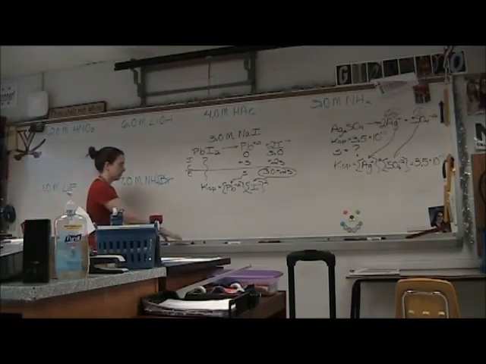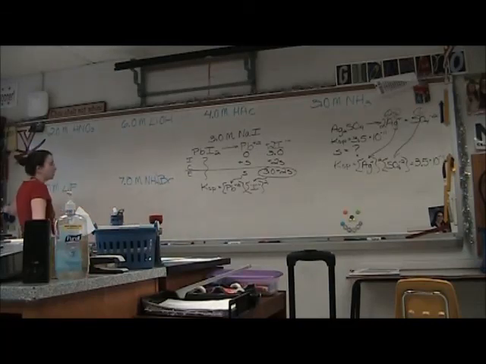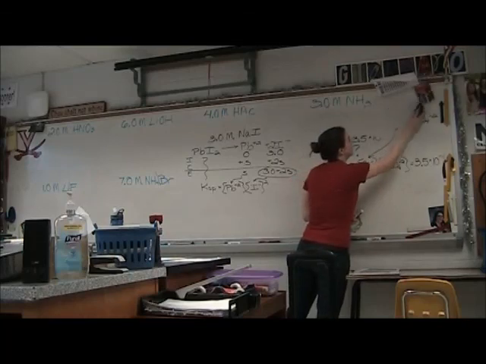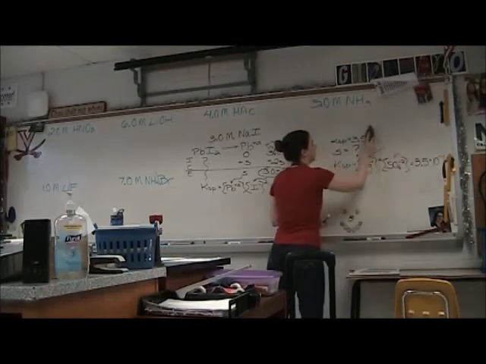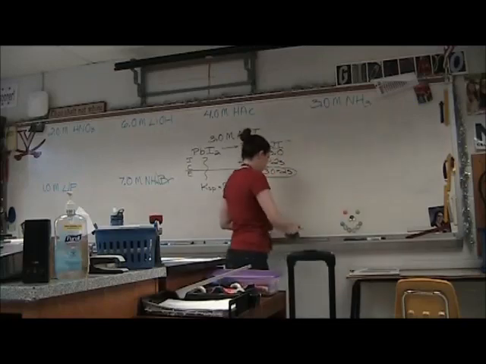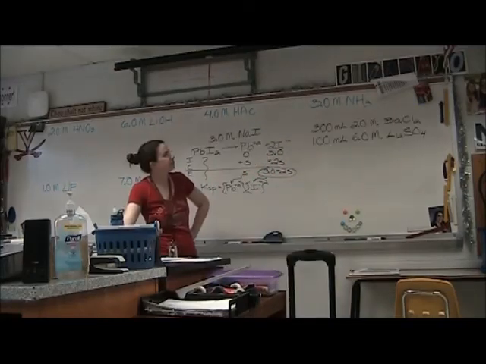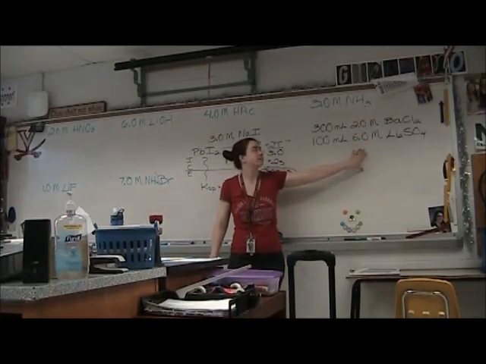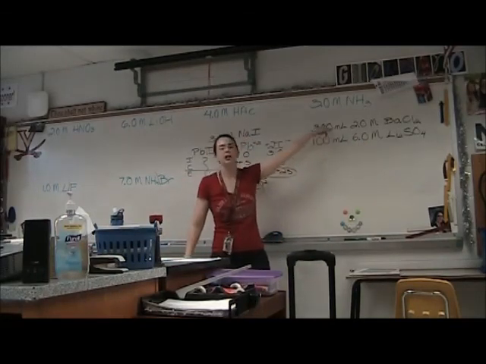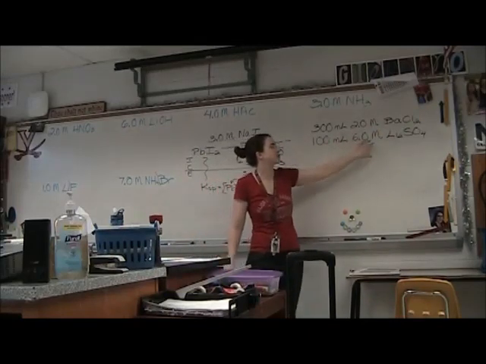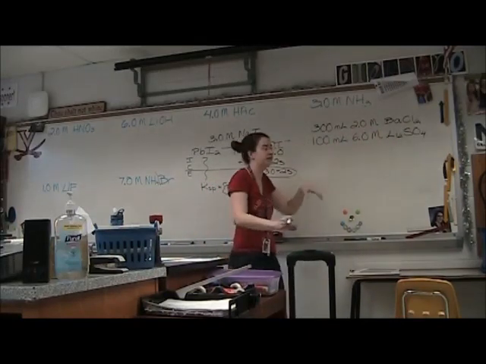The last type of problem that we looked at is a precipitate question. You're given this information: 300 milliliters of 2 molar barium chloride is mixed with 100 milliliters of 6 molar lithium sulfate.